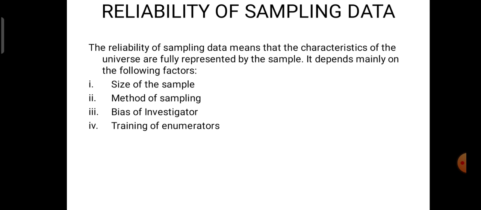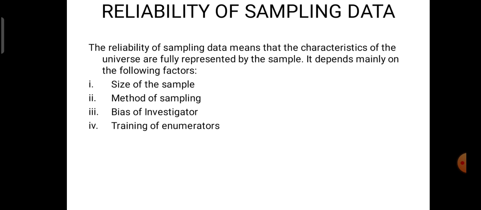Second is the method of sampling. Whatever method we are using, out of the 6 methods we have studied, it must suit our inquiry. And the third is bias of the investigator. The data will be more reliable if the investigator is less biased.